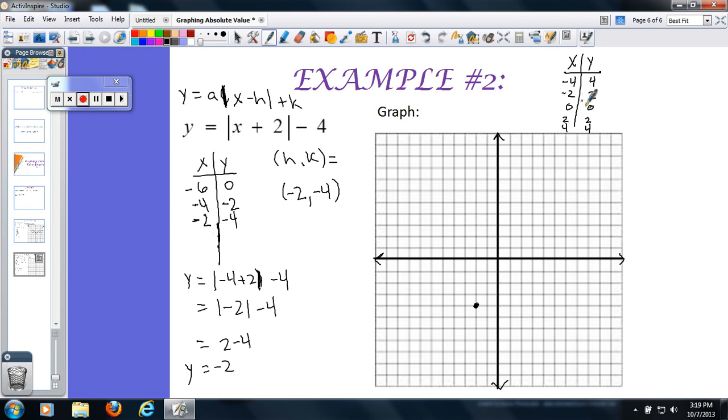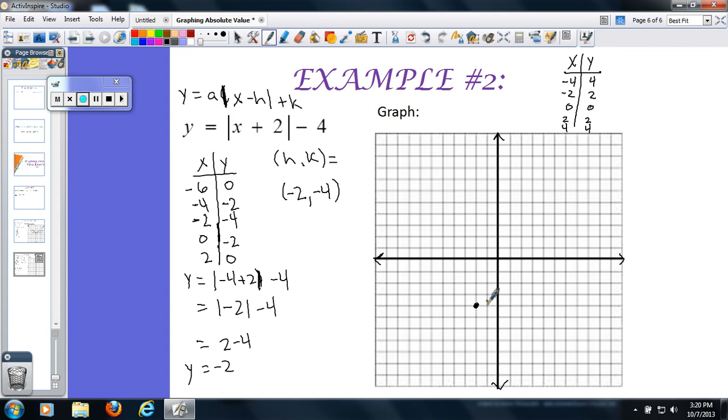So we did the first three. 2 plus negative 2 is 0. And 4 plus negative 2 is going to be 2. 2 plus negative 4 will be negative 2. And 4 plus negative 4 will be 0. And so let's go ahead and graph these points.